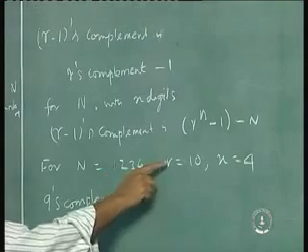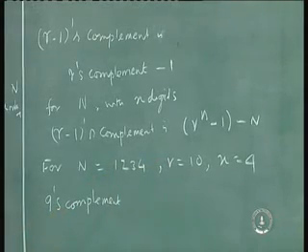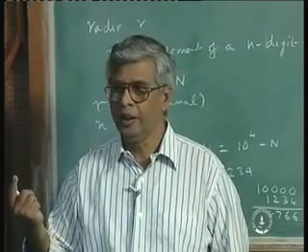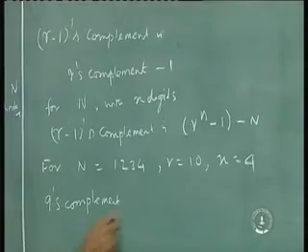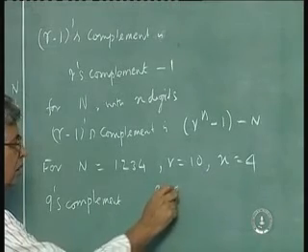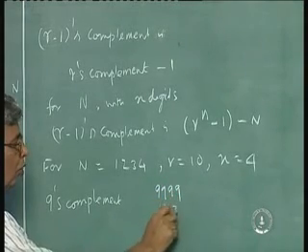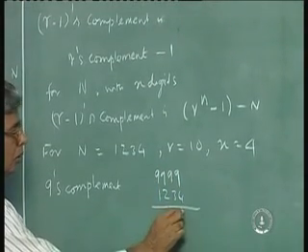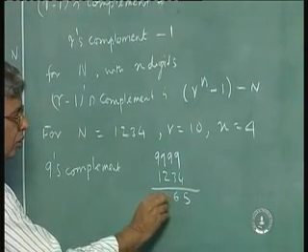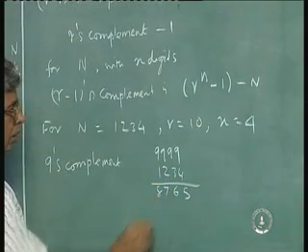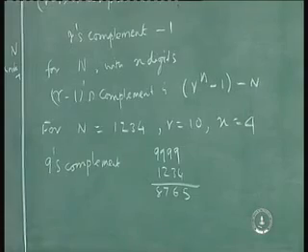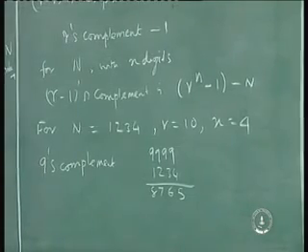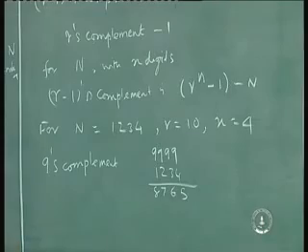this is r power n, which is 10 power 4 is 10,000, but I have to subtract 1 from it. So it is 9,999. So it is 9,999 minus 1, 2, 3, 4, which is now 5, 6, 7, 8. You look at this number 8766, it is 8765. There is a one difference.